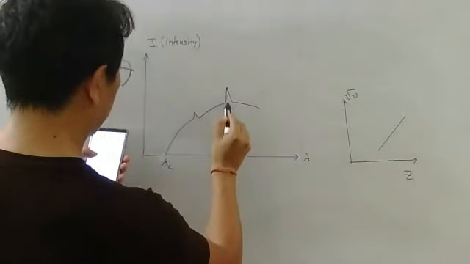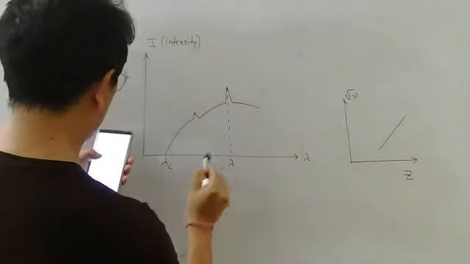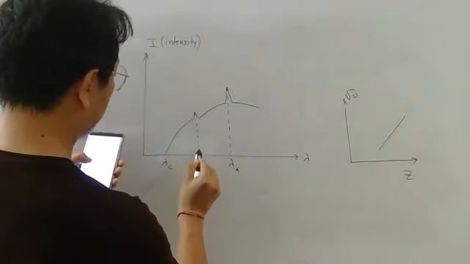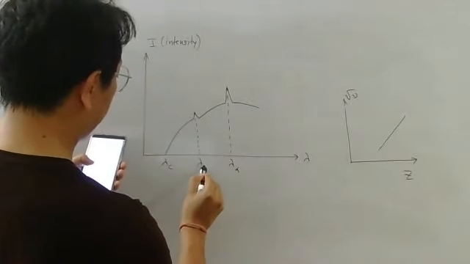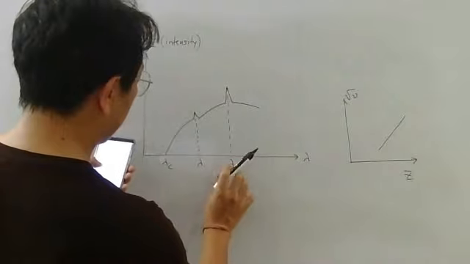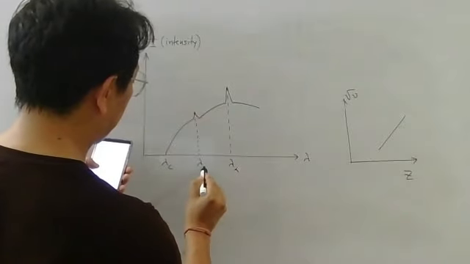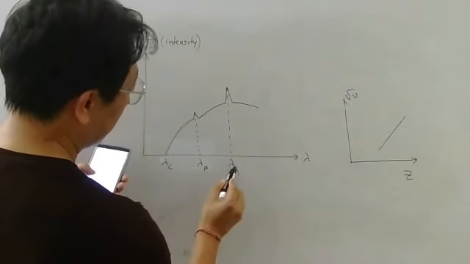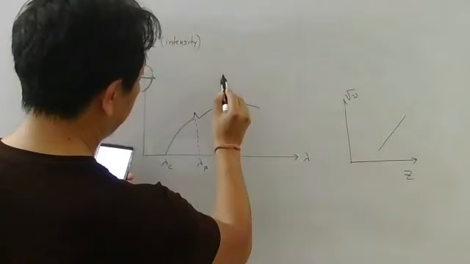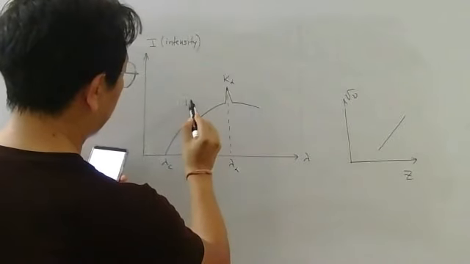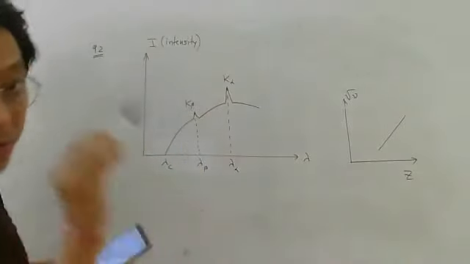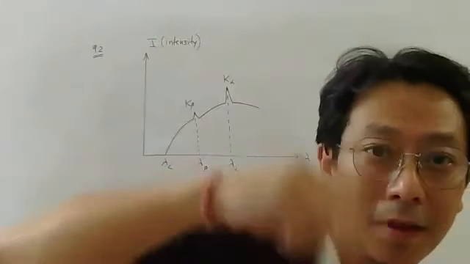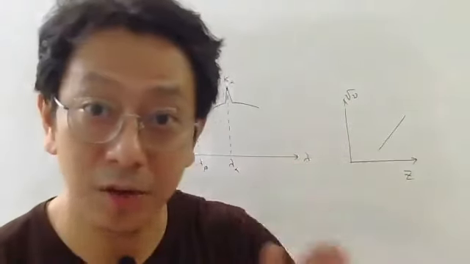This is the wavelength corresponding to your K alpha, and this is the wavelength corresponding to your K beta. So let me call these lambda alpha and lambda beta. These two correspond to your K alpha line and K beta line. I hope you remember, those K alpha and K beta are due to electron transitions, and that will always give rise to line spectra.